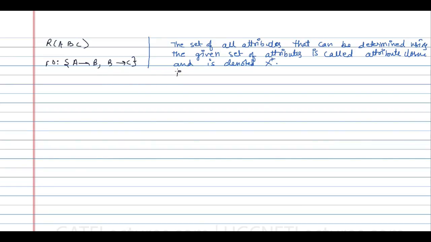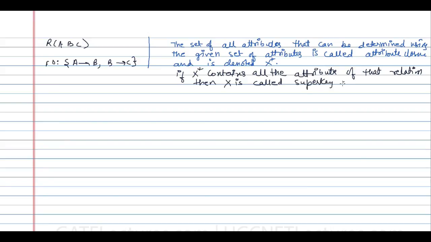Now if this X plus contains all the attributes of a relation, then X is called as super key of the relation R, right?